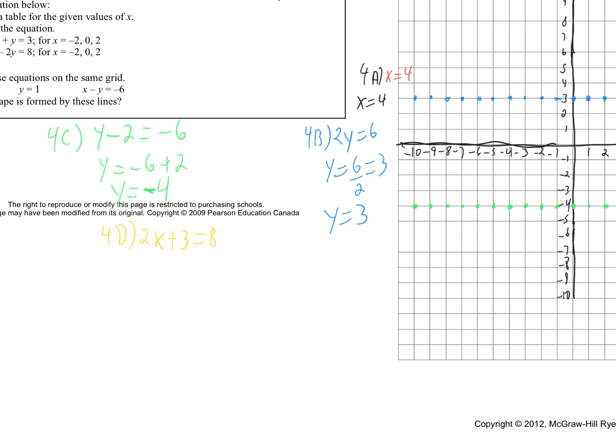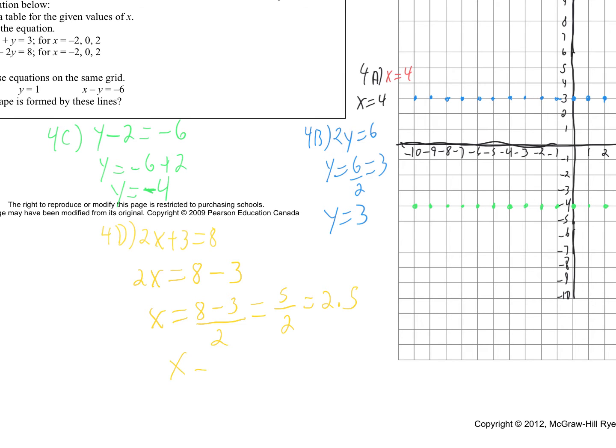The first thing I'm going to do is get the 3 to the other side of the equal sign, so that's going to give me 2x equals 8 take away 3. Now to get x all by itself, I have to divide by 2, so I have x equals 8 take away 3 divided by 2. 8 take away 3 is 5, divided by 2. 5 divided by 2 is 2.5.